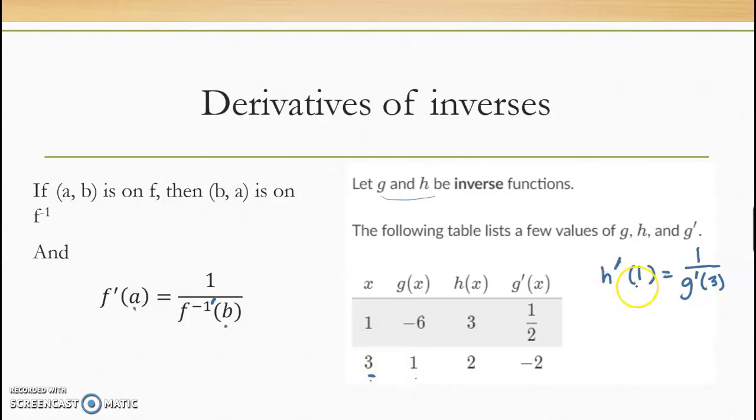So h prime of 1 would be 1 over negative 2. Anyway, I doubt this will be on your test this year, but normally it's 1 point on your multiple choice.